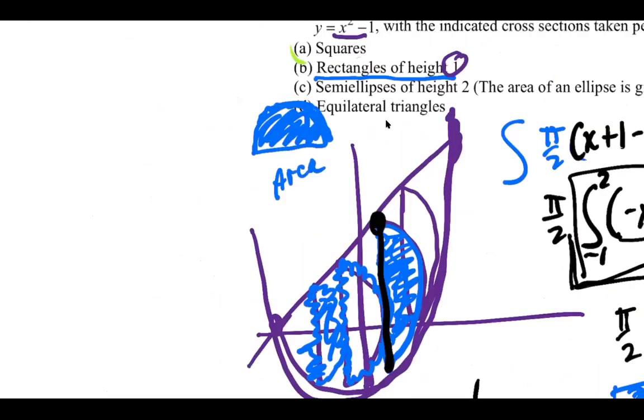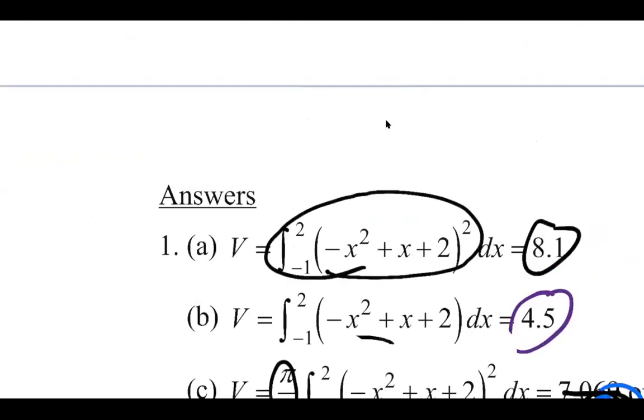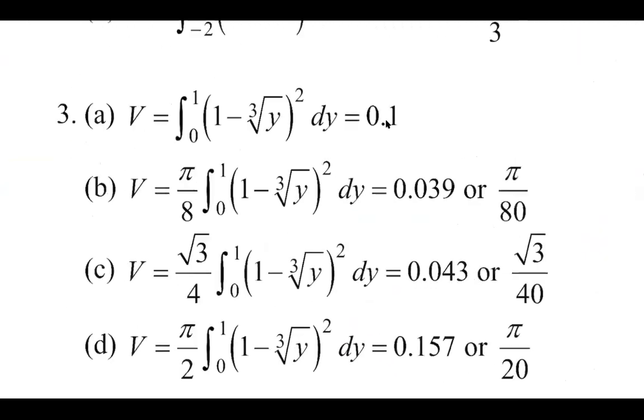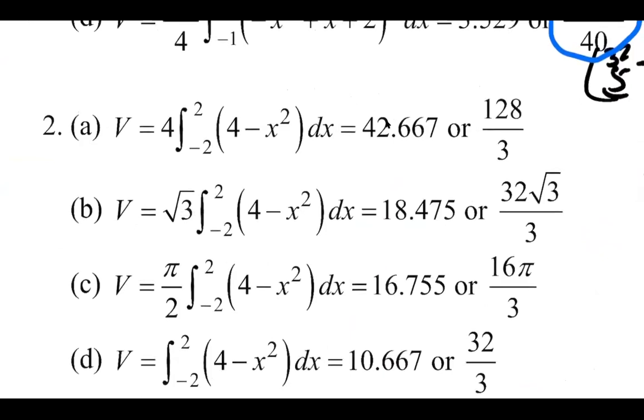Let's see. We have the same setup, so I must have made a careless mistake again. Sorry, girls. What do I mean by we have the same setup? They have a 4, but they went all the way from -2 to 2, so they didn't double theirs. So my 8 should have worked.